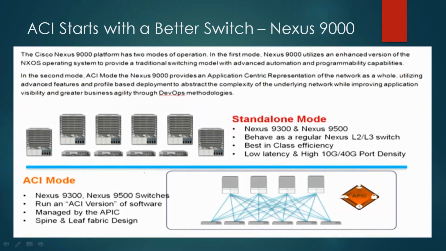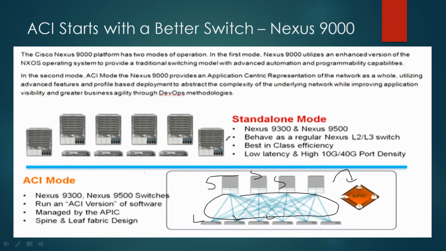Here in the diagram you can see that you have the Clos fabric where you have leaf, spine, leaf, spine, leaf, spine type of structure, and all this fabric we are managing or monitoring from the APIC controller.